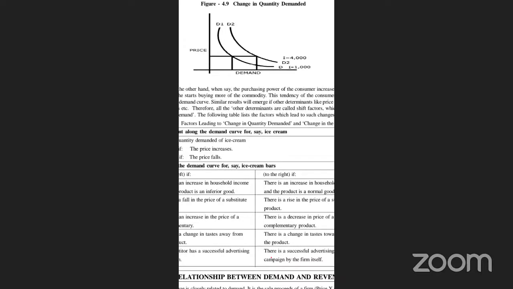Because of this change, what we are trying to understand here, you all draw this curve, you will understand the curve. Here, another, you can add, which is D0. And this is when your income is 500.